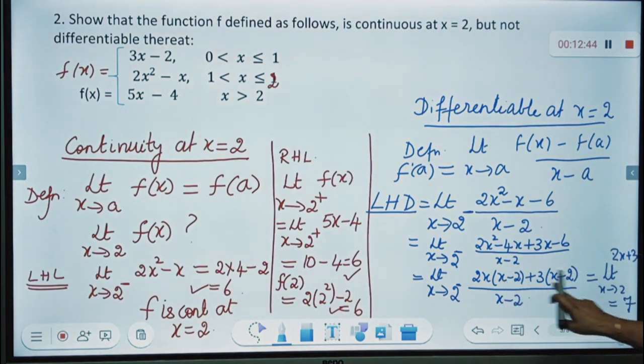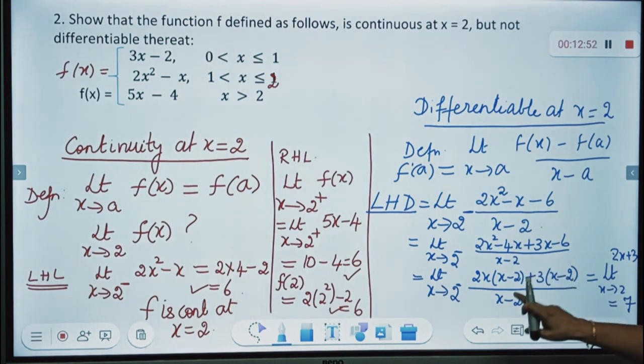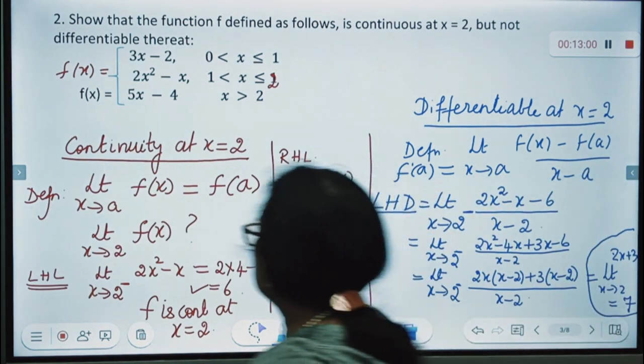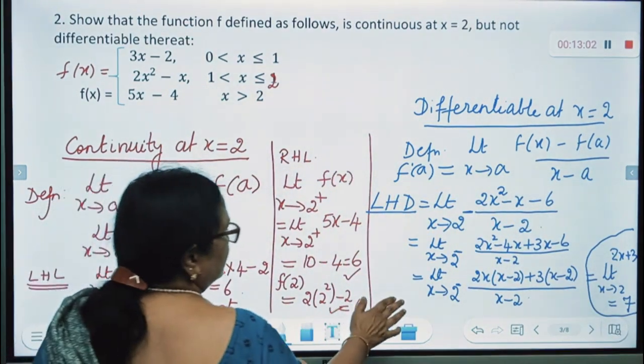See, if I factorize, I get 2x plus 3 into x minus 2. x minus 2 gets cancelled, giving you 2x plus 3. When I put x equal to 2, 4 plus 3, 7. So this is very important. Left hand derivative is 7. Let us see what happens to the right hand derivative.